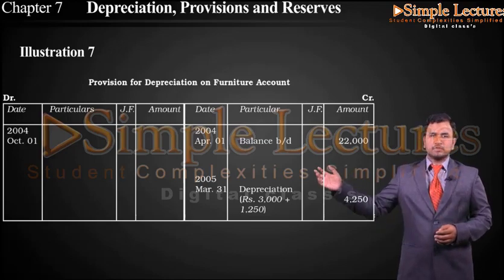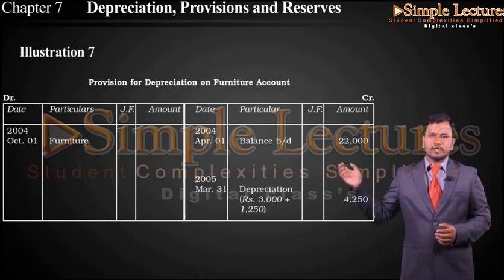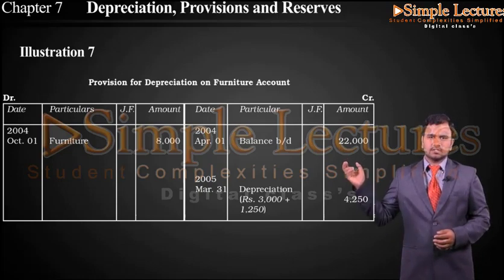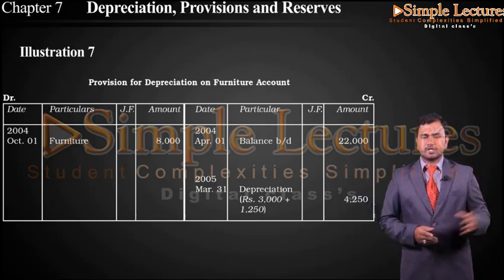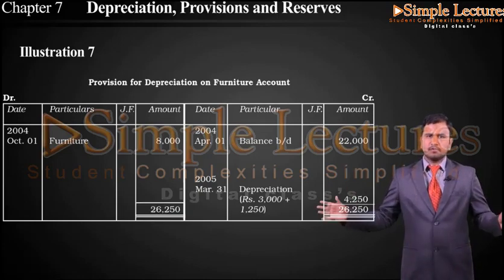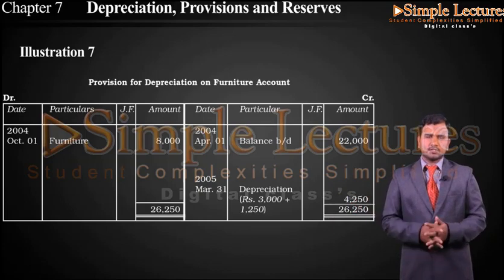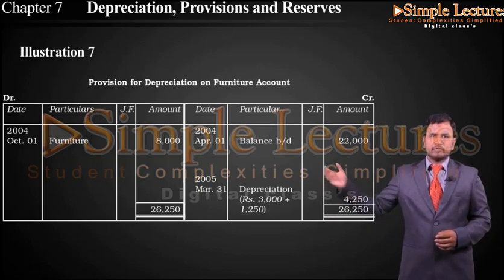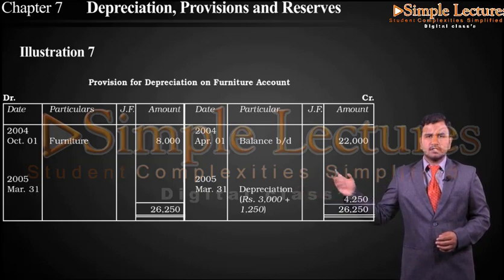So on 1st October, furniture, in bracket accumulated depreciation on furniture sold, 8,000. Then we close the account. The credit side total we have is 26,250. The same total will be on the debit side, 26,250, and the balance will be 18,250, which will be considered as 31st March, balance carried down.